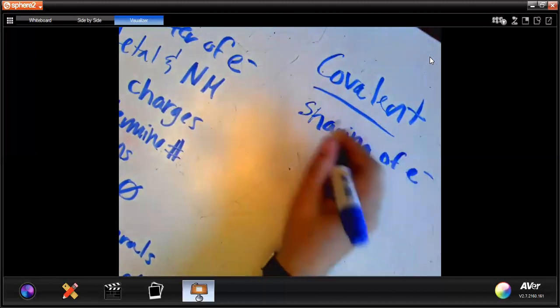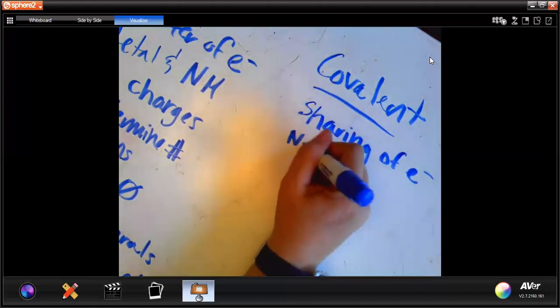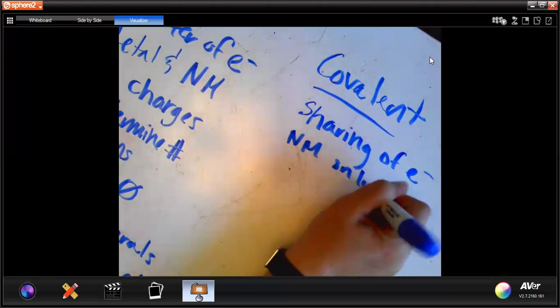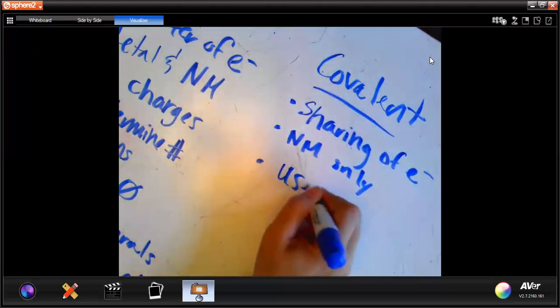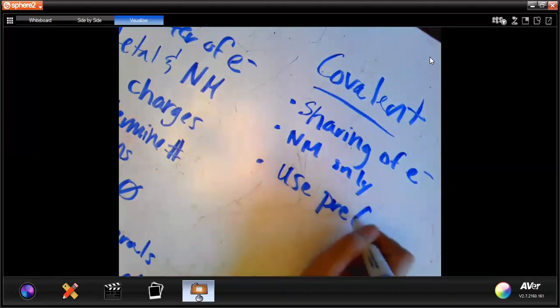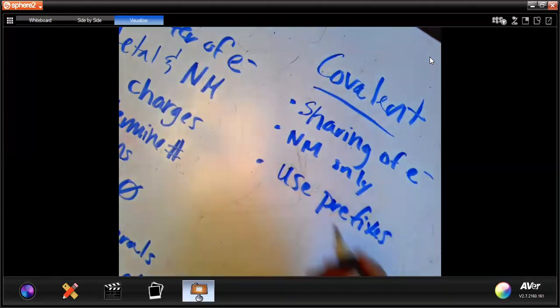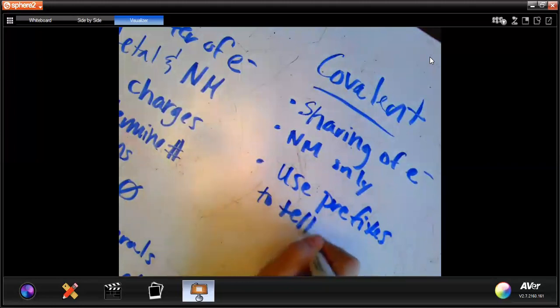Okay, and these are between nonmetals only. Okay, and we use prefixes to tell the number of atoms.